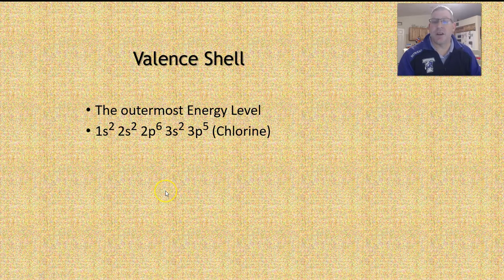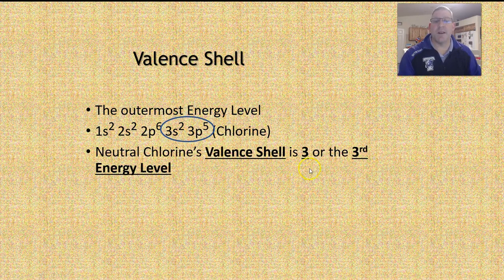Now, valence shell. Valence, as I've told you in class, means outermost. And so the valence shell will be the outermost shell or the outermost energy level. The outermost shell is going to be the 3rd energy level for this example of chlorine.